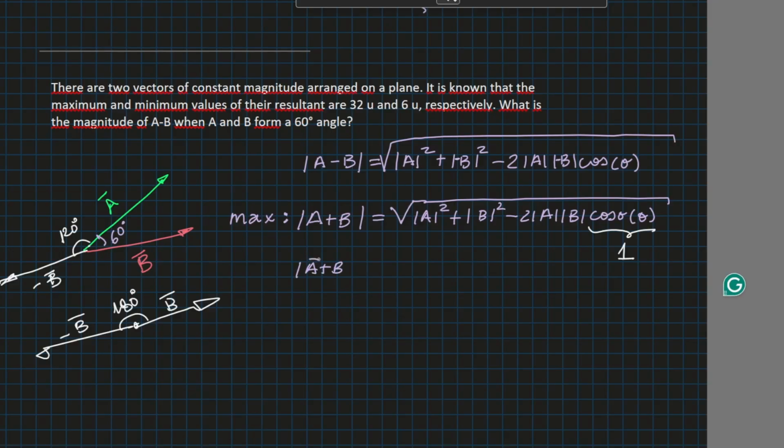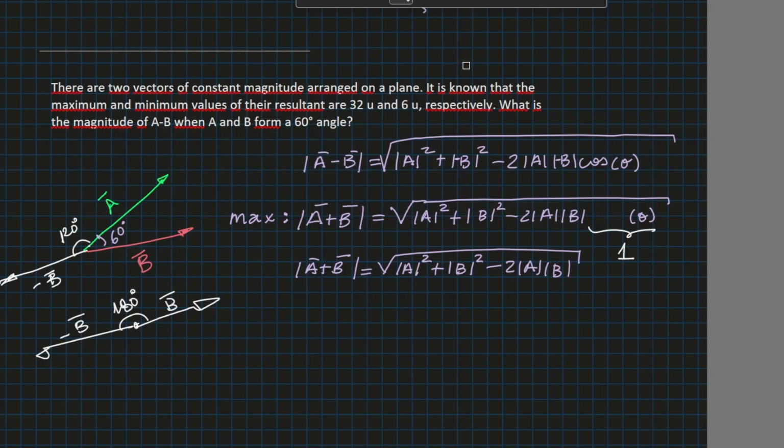The magnitude of the addition of these two vectors is equal to the square root of the magnitude of A squared plus B squared minus 2 times A B, because cosine of theta is equal to 1.